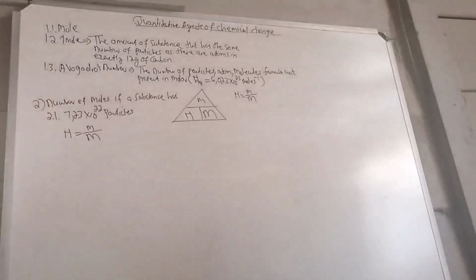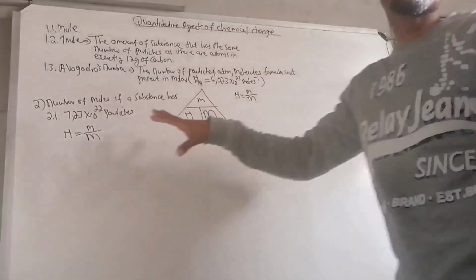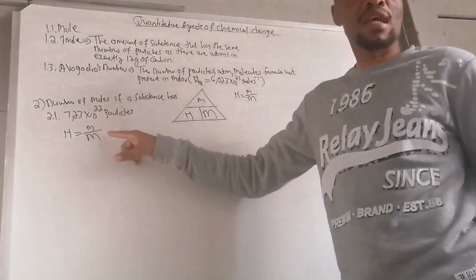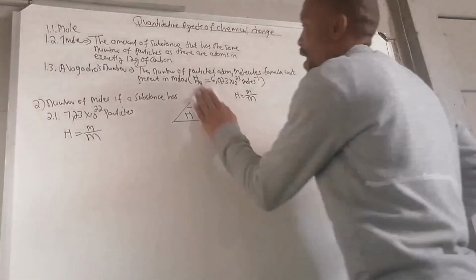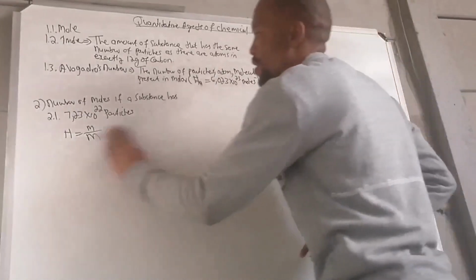Right, we know this formula will not work because it requires the mass and the molar mass of a substance. So we are not going to rely on this, but we are rather going to use the following.